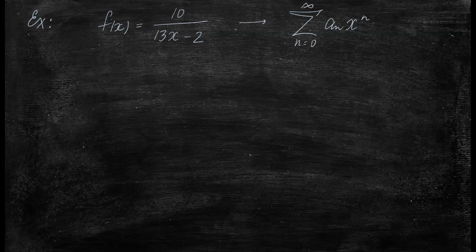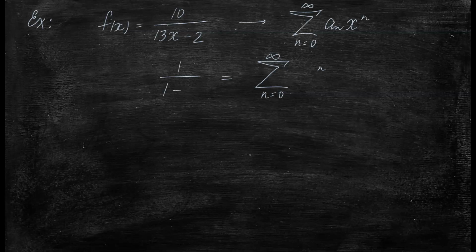So how would we go about completing this task? Well, we are going to recognize that this is equal to this, and it doesn't matter whether we use X or any other letter.